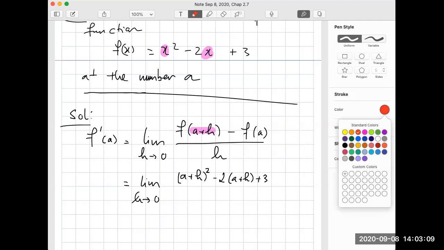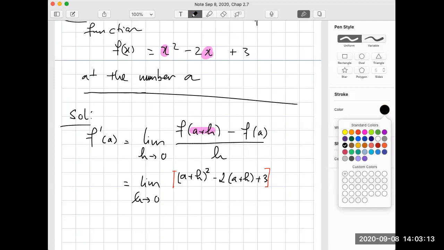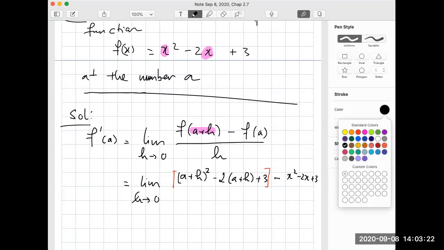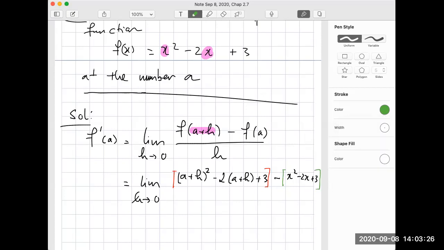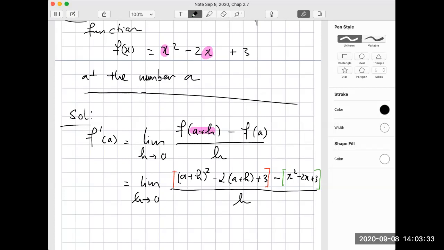That is the first guy. Subtract the second guy, which is x squared minus 2x plus 3. So let us put it in the bracket here. Okay? Be careful.